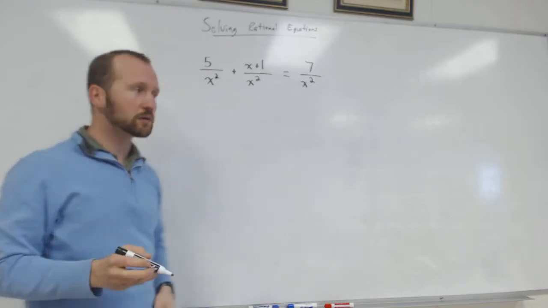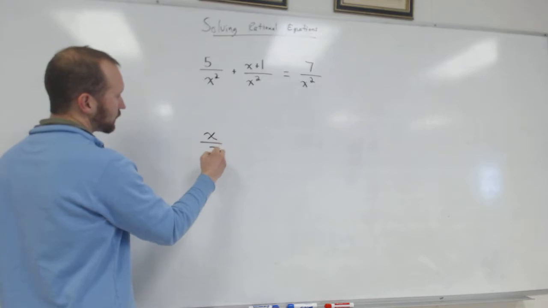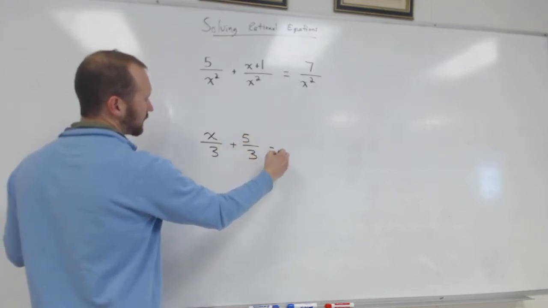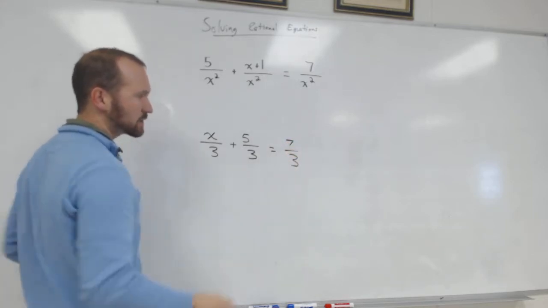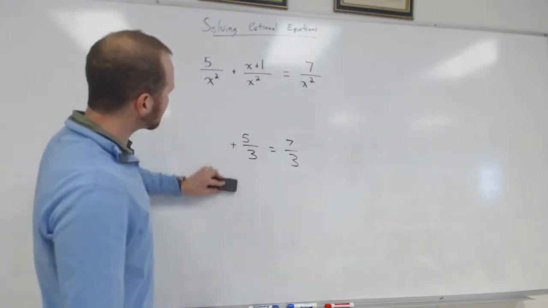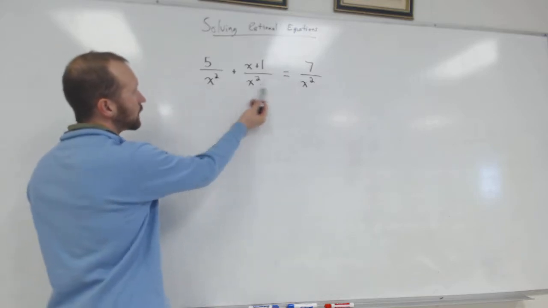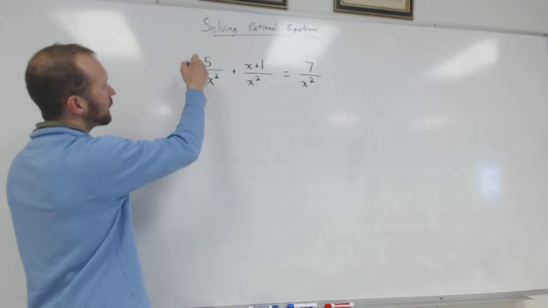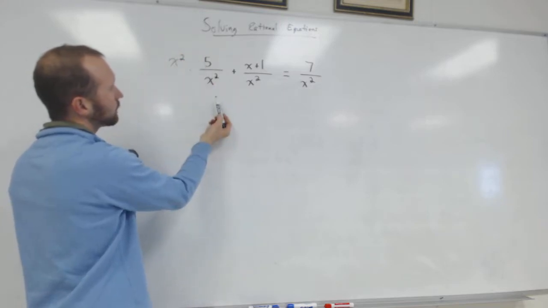It's really similar to something that we did last year, which was if I had x over 3 plus 5 over 3 equals 7 over 3, we multiply everything times 3. It's just that here our denominators are often a little bit more complicated. So here our denominator is x squared. So I'm going to multiply everything times that denominator.